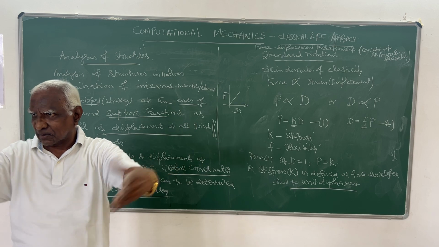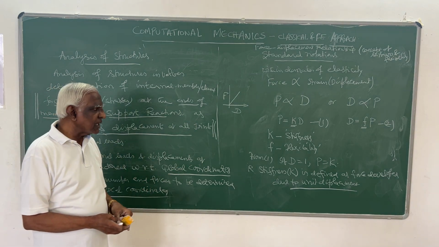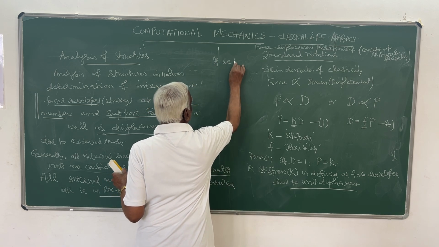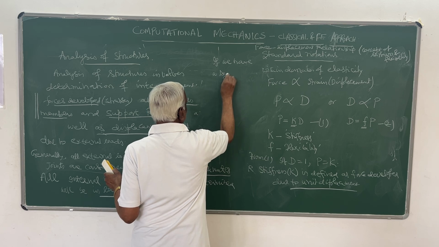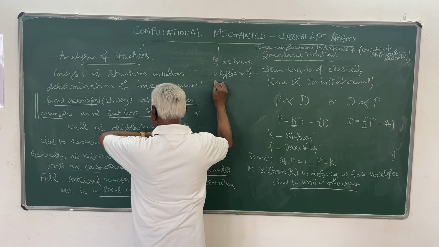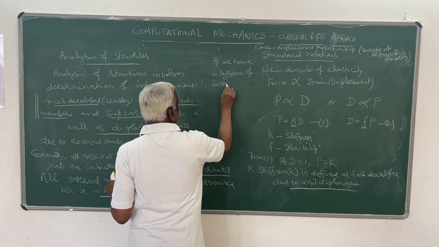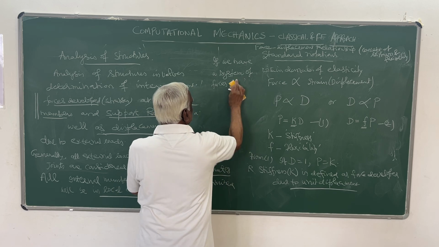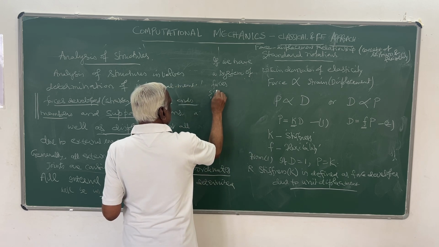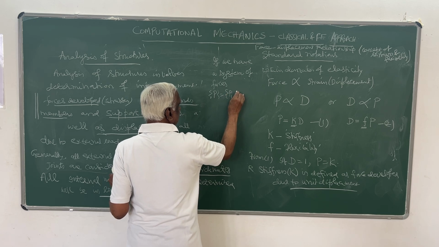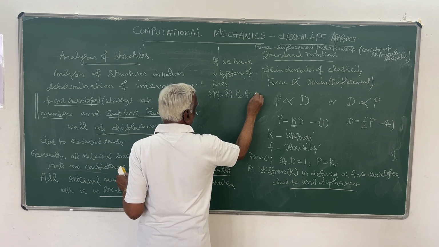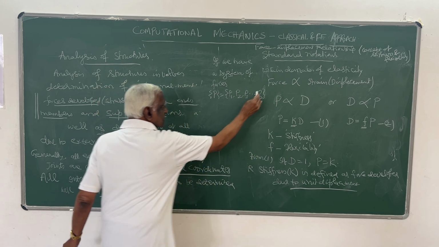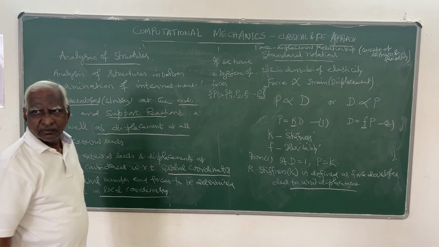If a system of forces results in a system of displacements, so we can say if we have a system of forces P equal to P1, P2, P3, etc., then transpose, because it is always a vector quantity.